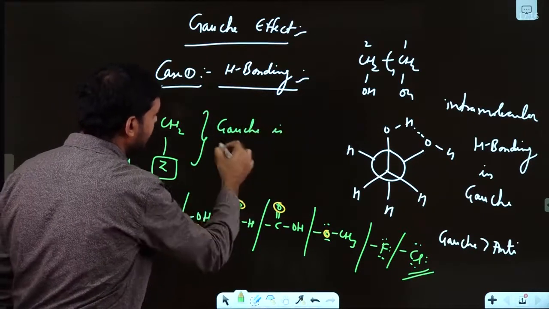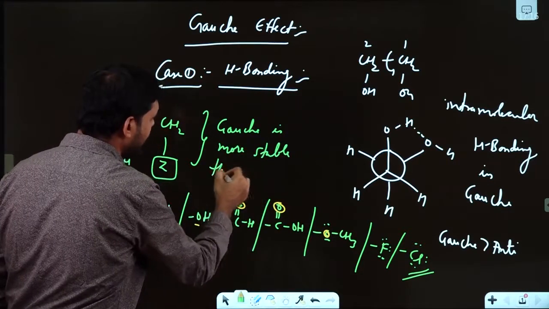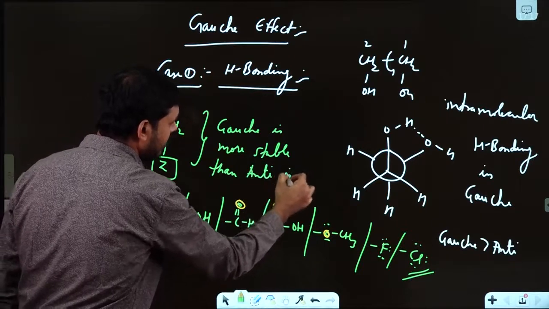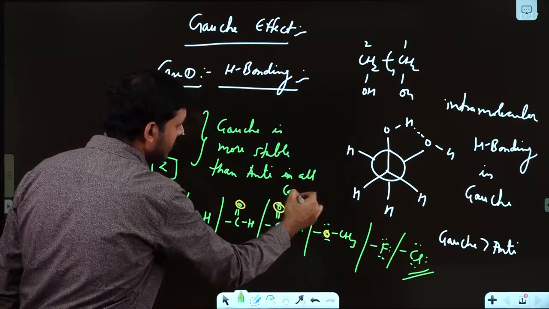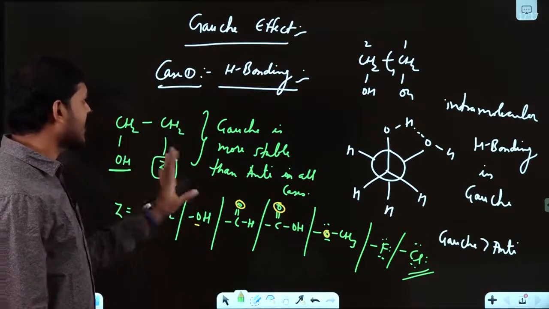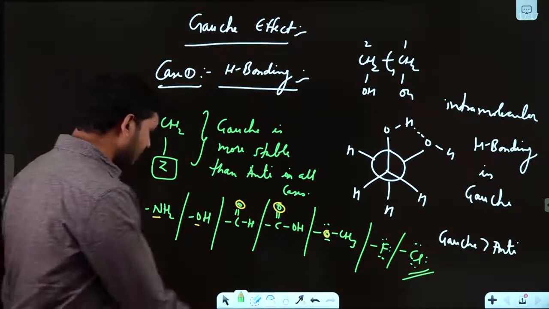Gauge is more stable than anti in all cases. Clear? Okay, so this was your case 1 of gauge effect. Clear? So let's come to the next part.